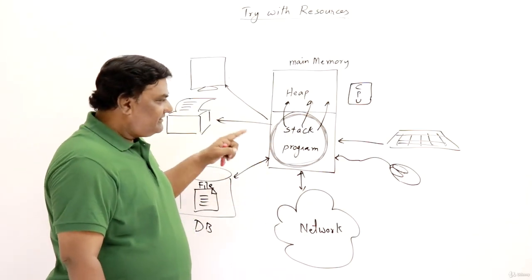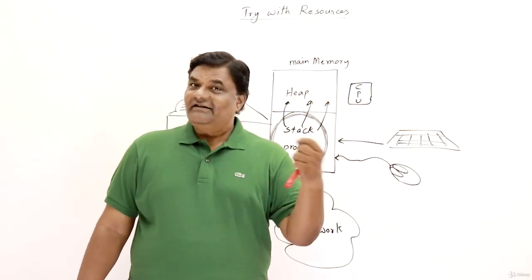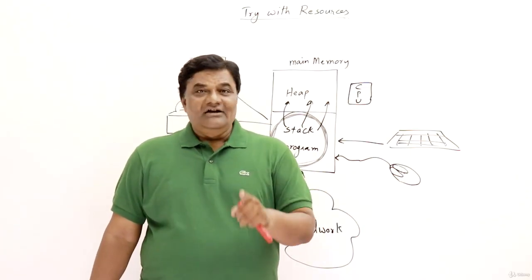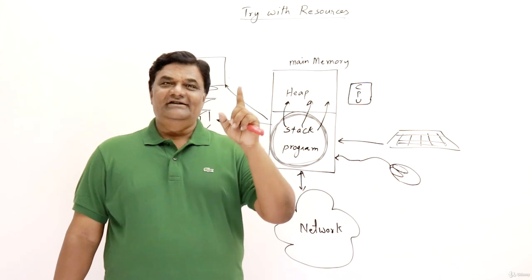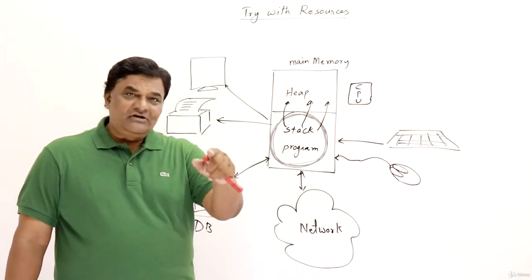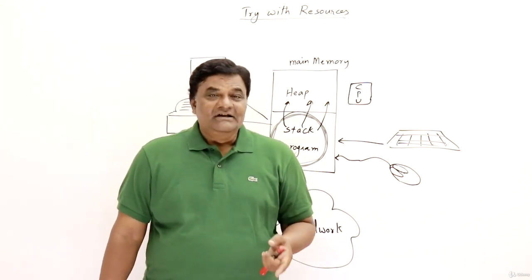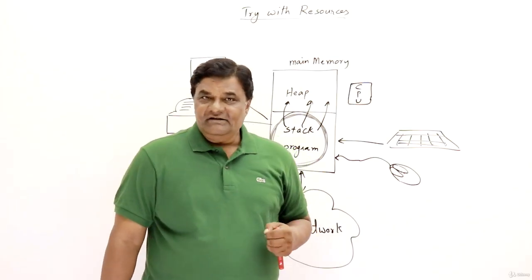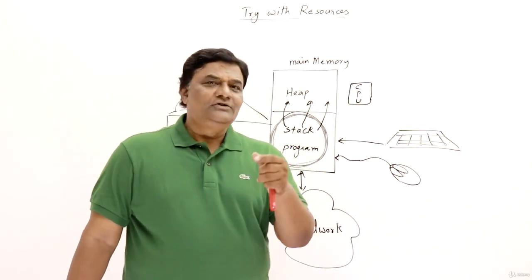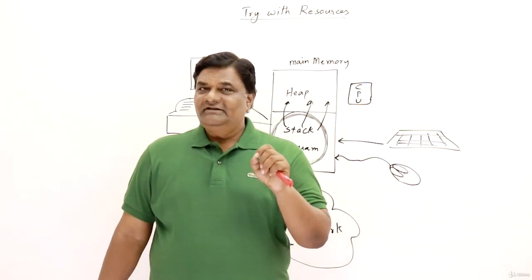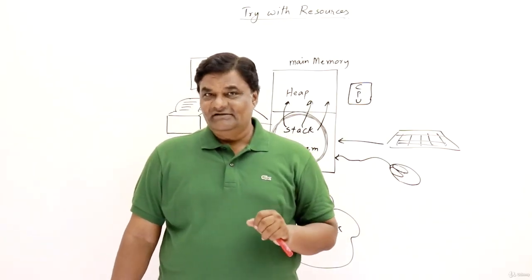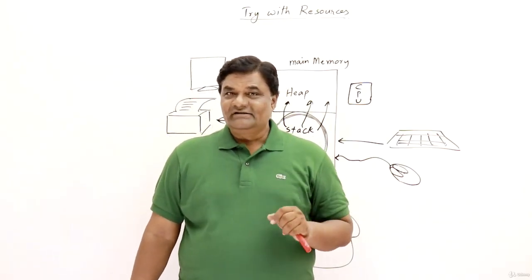Whenever it requires a resource, it should acquire a resource. When it doesn't need it, it should return it. If it is not returning it, then what's the problem? See, if I take a book from the library, now I don't need it, if I don't return it, then library people think that still I am using it. They don't know I am not using it, right?